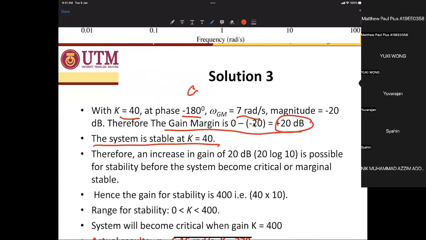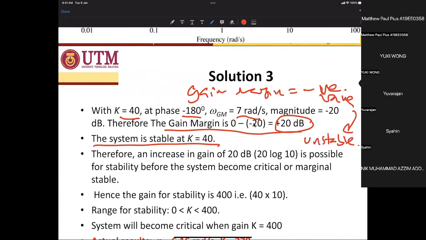But if the gain margin is a negative value, this will cause an unstable system. As long as the gain margin is positive, the system is stable.